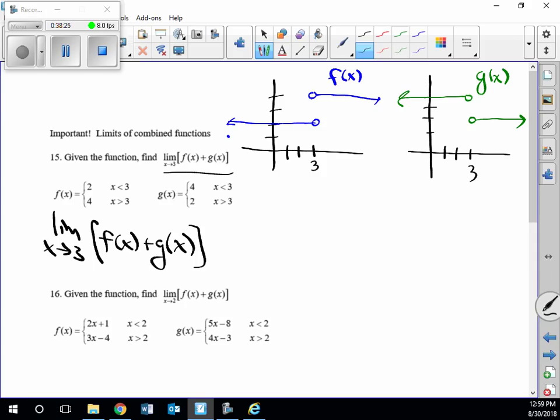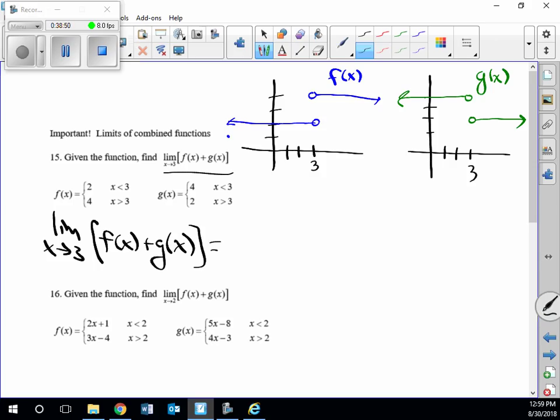You can see here on the board how we distributed the limit across a product. Here, you can distribute limits across sums and products provided that the limits exist. Remember how I put that little caveat in there? So here, do the limits exist of these individual functions at 3? No, they don't. The individual limits don't exist.